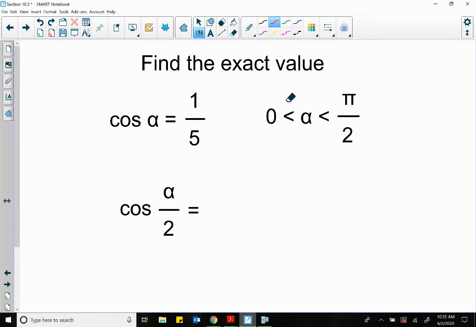So we need to take this and cut it in half because we need to know what quadrant the half angle of alpha is in. So 0 divided by 2 is still 0. Pi over 2 divided by 2 is pi over 4. And now you have the interval that tells us the sign of our function.